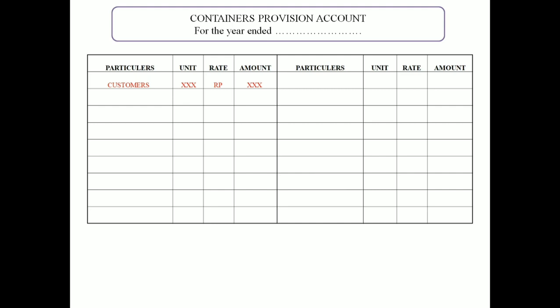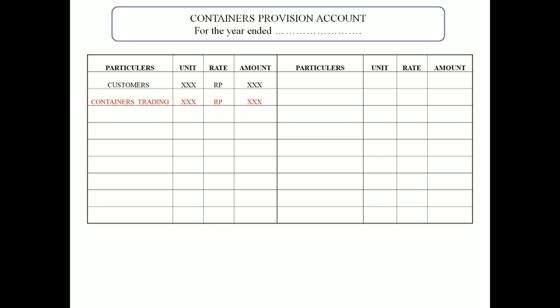The containers returned by the customer will be shown on the debit side, and the price of such one is RP, that is called returnable price. Then the second item is containers trading.